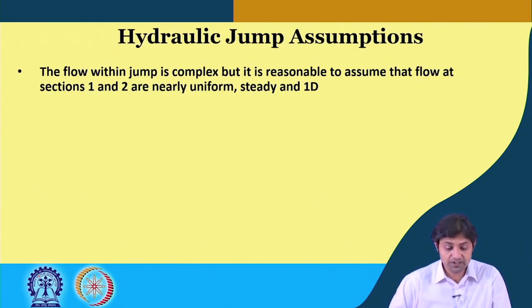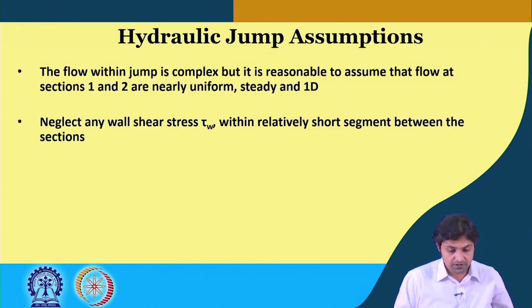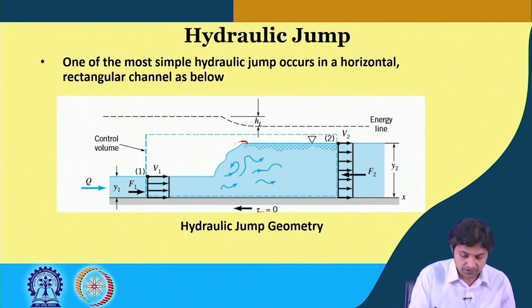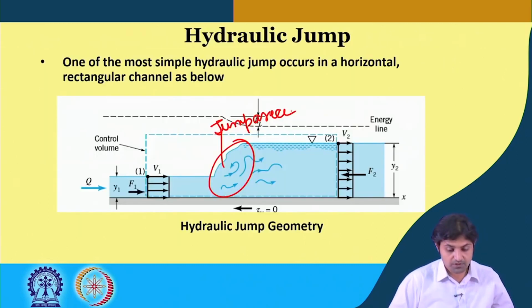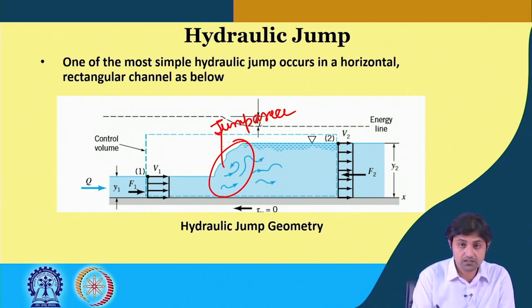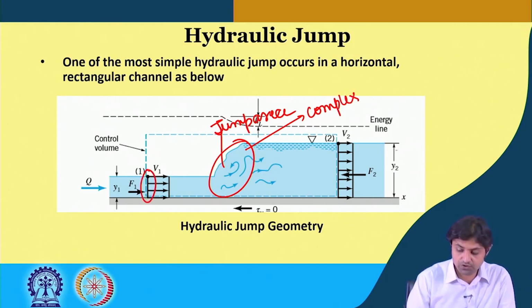So, the flow within the jump. This is the jump area. The flow within the jump is complex, but it is reasonable to assume that the flow at sections 1 and 2 is nearly uniform, steady and 1D. So, this flow is quite complex in nature, but we can assume this at sections 1 and 2.